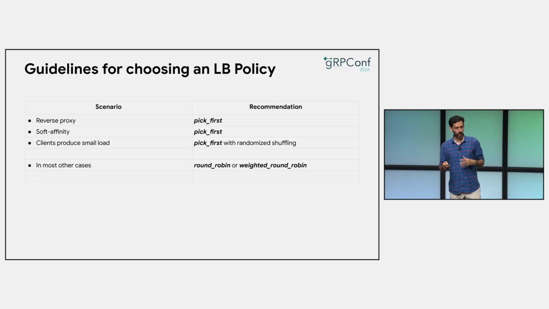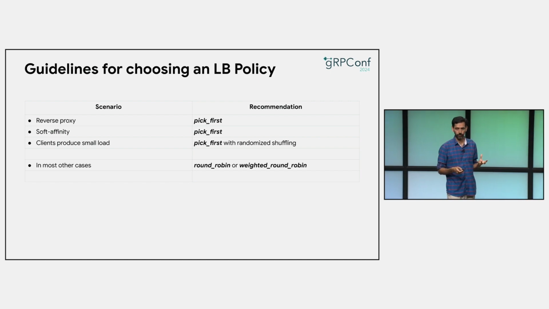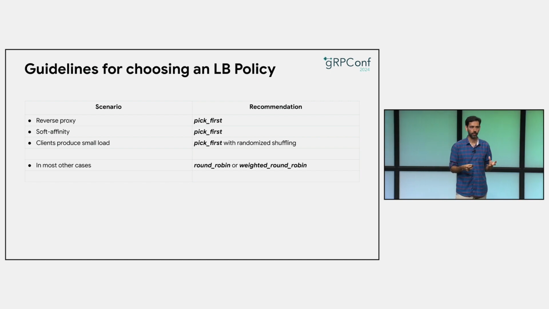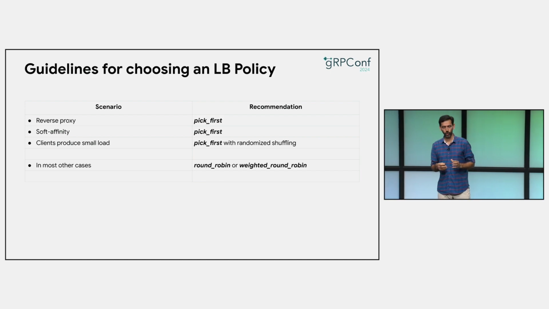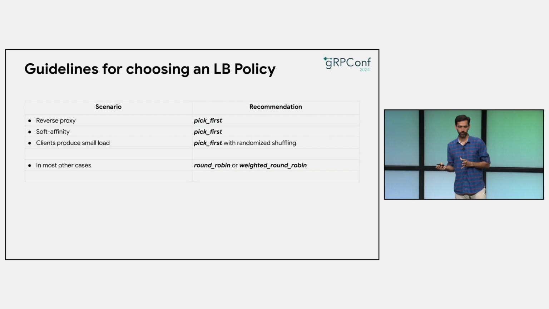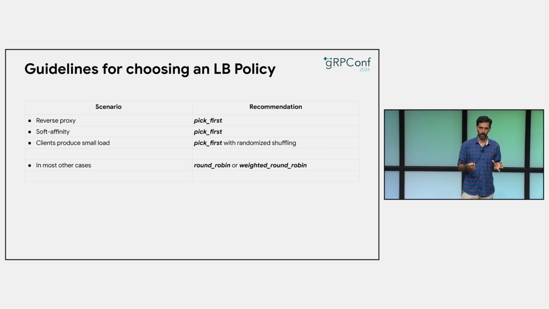Now here are some very high level guidelines on choosing an LB policy for your service. Again, a lot depends on the requirements of your service, but these are super high level. If your clients are going through a reverse proxy, then pick first makes sense.